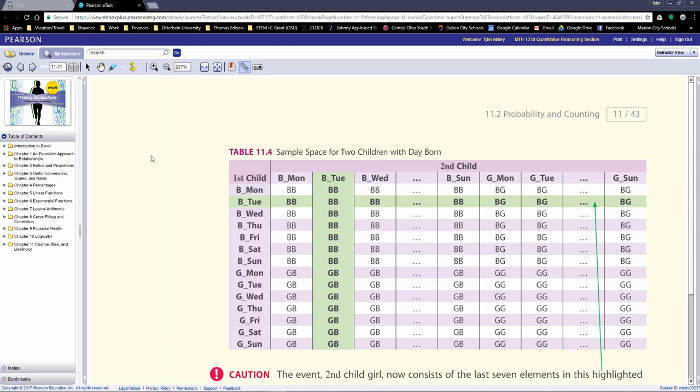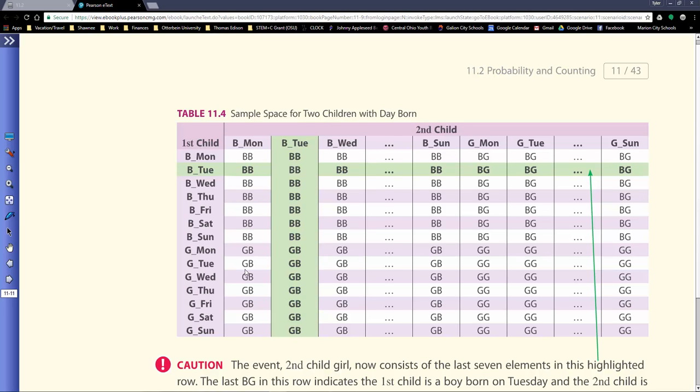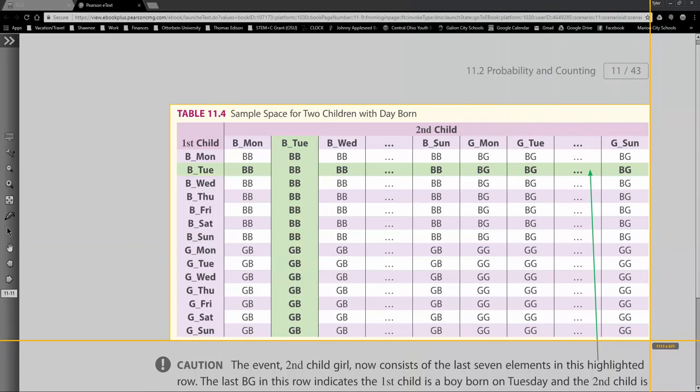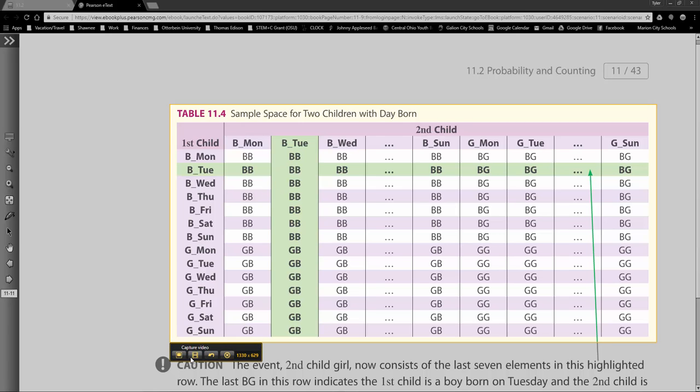Yep, right here. All right, so let me get a better full screen picture here. Actually, let me do this. I'm going to take a screenshot of this and throw this into OneNote, so that way we can write on it.